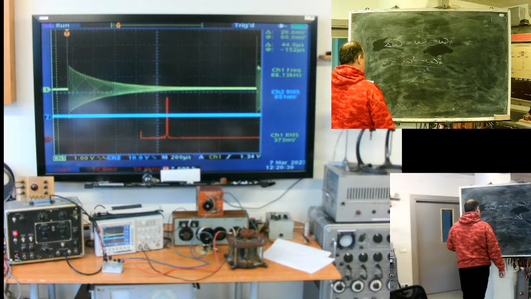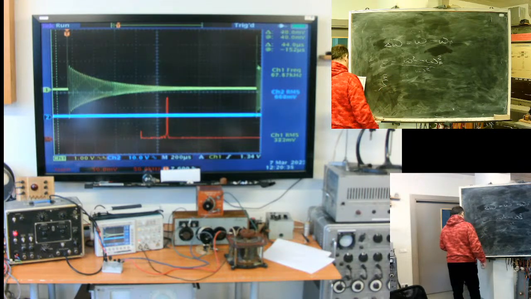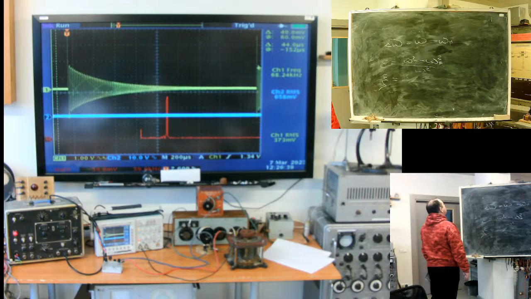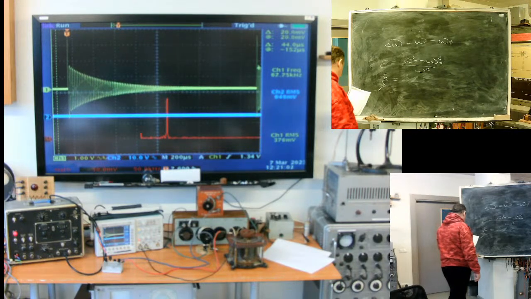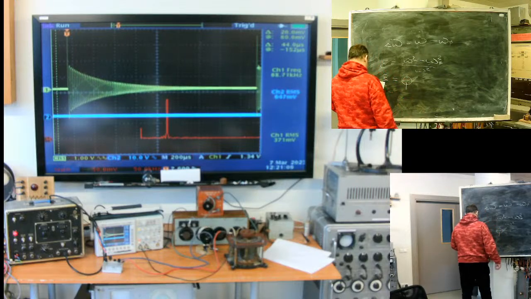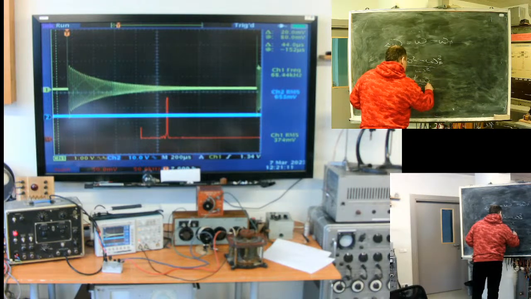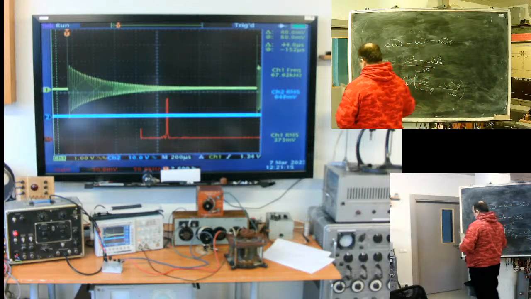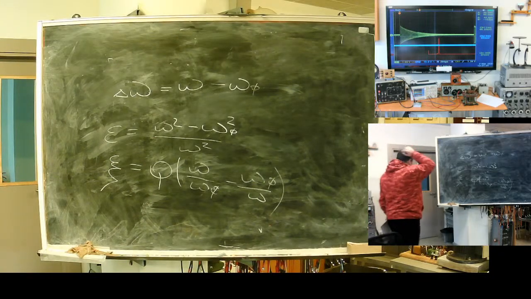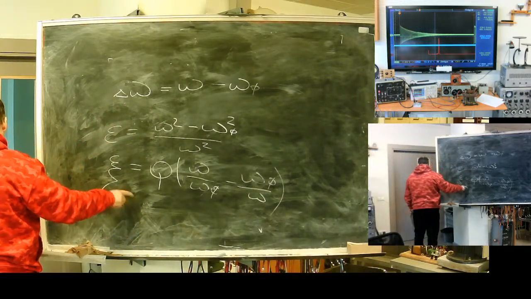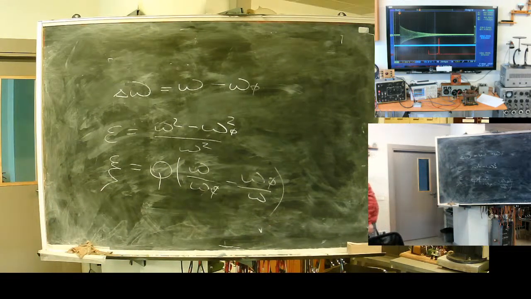It's a relative frequency shift, or very popular is the so-called common frequency shift, omega divided by omega 0 minus omega 0 divided by omega, and the quality of the contour. So we have the simple frequency shift, the relative frequency shift, and a kind of global or common frequency shift.